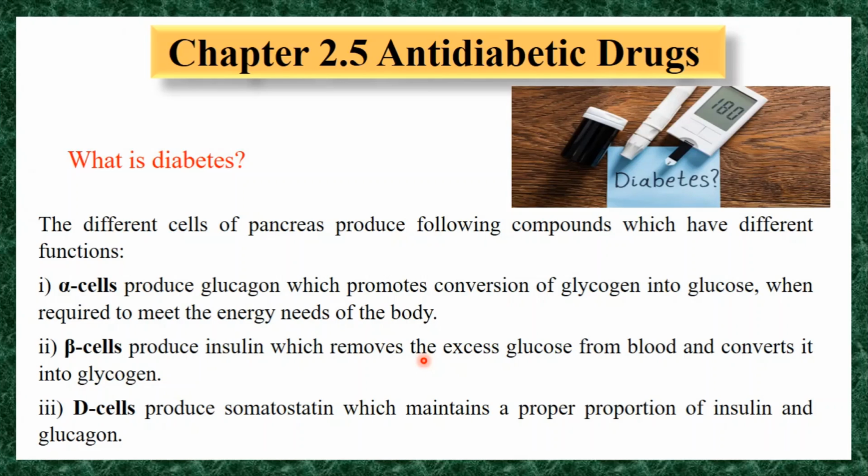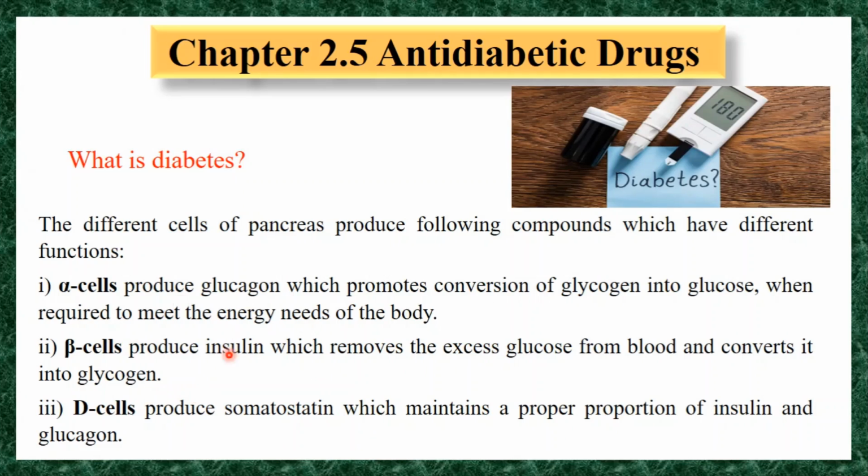Hence there is an increase in the concentration of glucose in your blood, causing the condition called hyperglycemia. Thus the blood glucose level rises above the normal level, which is 60 to 90 mg per 100 ml.